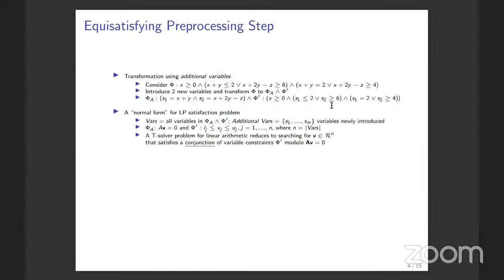And this can be considered as a normal form for LP satisfaction. Okay. So I don't know, since some of you have looked at simplex in the general simplex, I guess they also do this simplification, okay? And I think some of the new variables that are introduced there are called slack variables, okay? So maybe this step is done there as well.